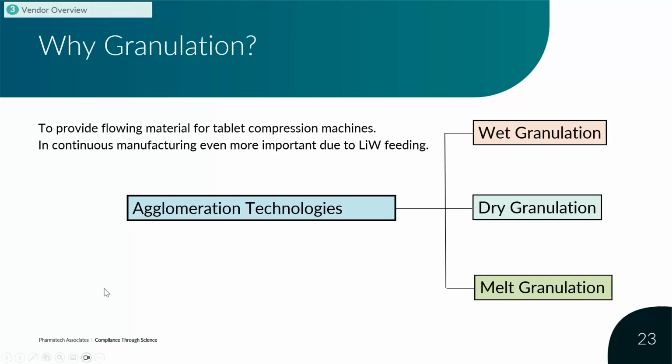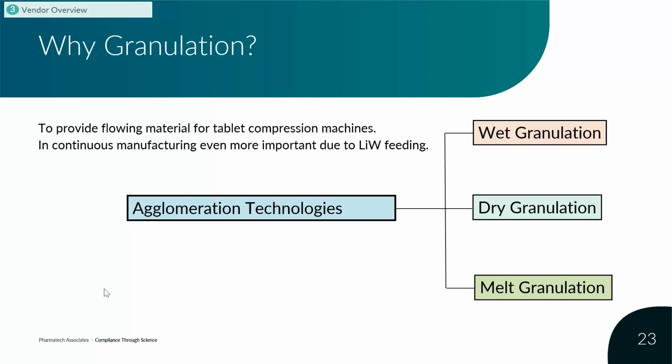So this is still one reason to consider agglomeration technologies. And in continuous manufacturing even more, as you have these loss-in-weight feeding devices, which are sensitive to the flowability of the product as well.